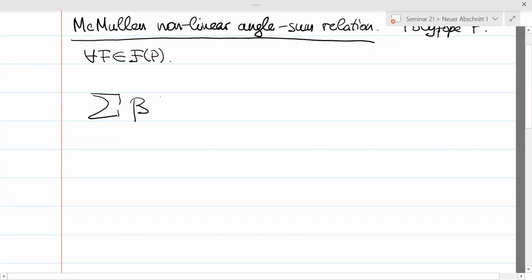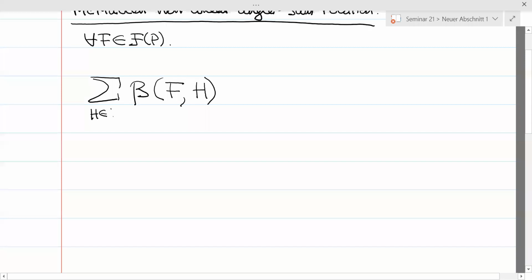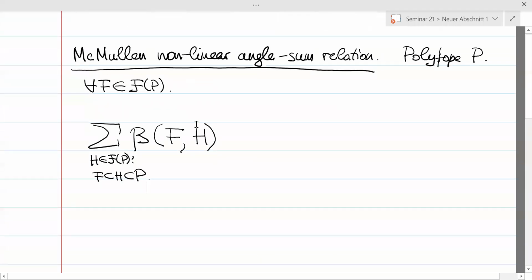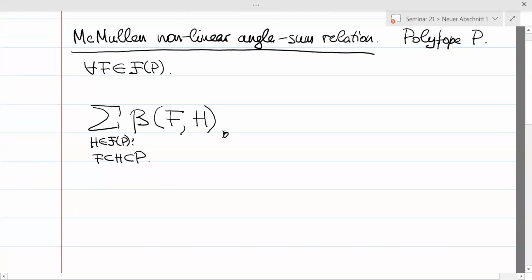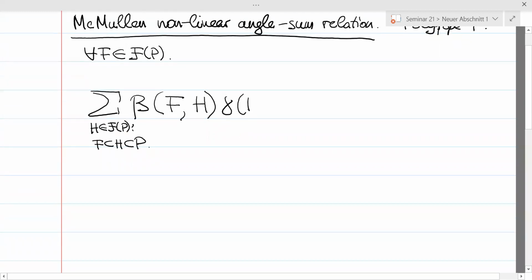So this is the internal angle over the face H at each subface F. I take the sum over all faces H here, such that F is a subface of H and H is a subface of P. So of all faces H which are larger than F, which contain F. And then this is the internal angle in the polytope H at the face F. And then we take the external angle, we take the external angle of H in P. And the first Macmillan relation says that this is 1 for every face F.